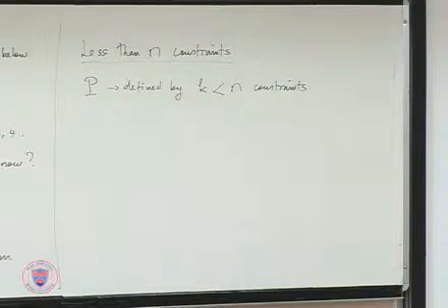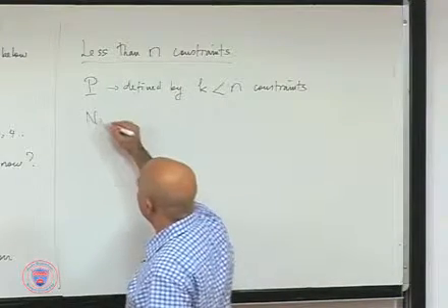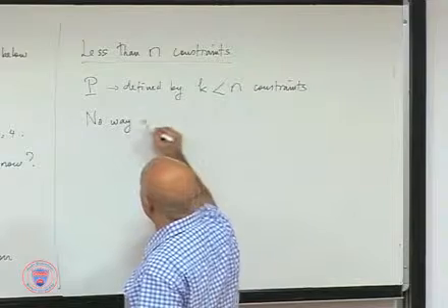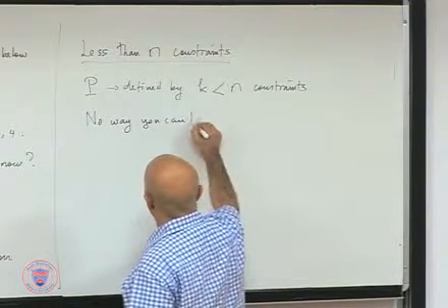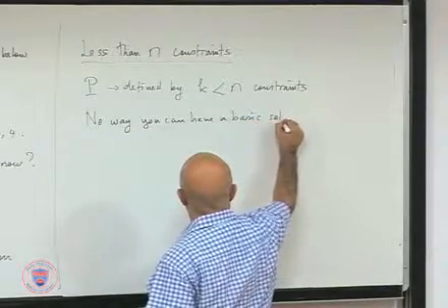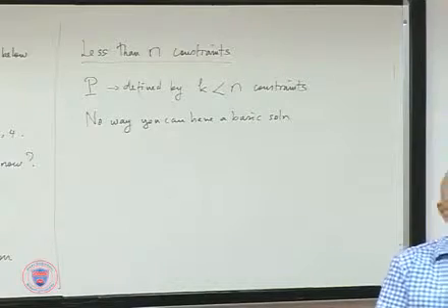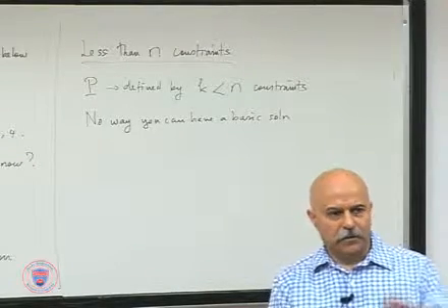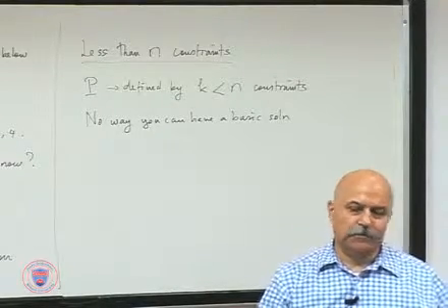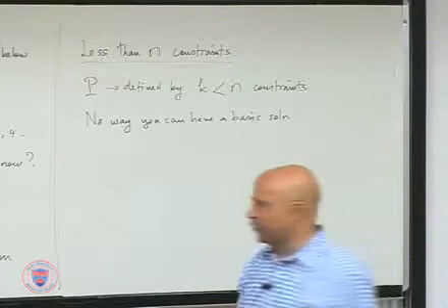In this case, there's no way you can have a basic feasible, or there's no way you can have a basic solution. Okay? And the reason is, to have a basic solution, you need n linearly independent constraints, but you don't have enough of them. No basic solution at all.